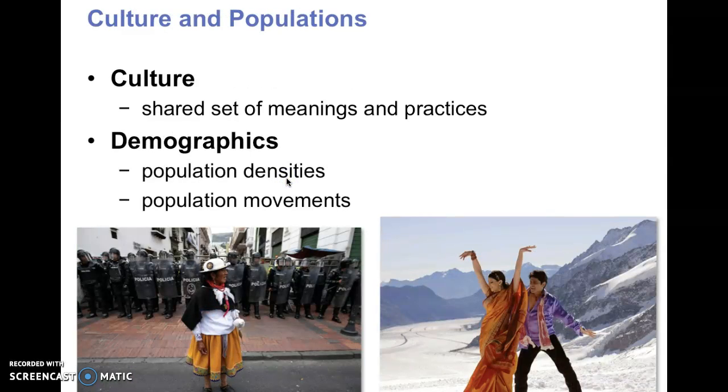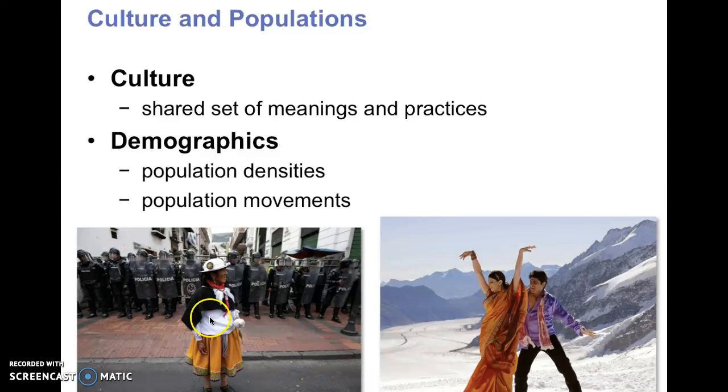Culture and populations, very important when we're looking at regions. Culture, shared set of meanings and practices. Doesn't mean they have to agree with what we want. Doesn't mean that they have to believe what we believe. Shared meanings, how they see the world.